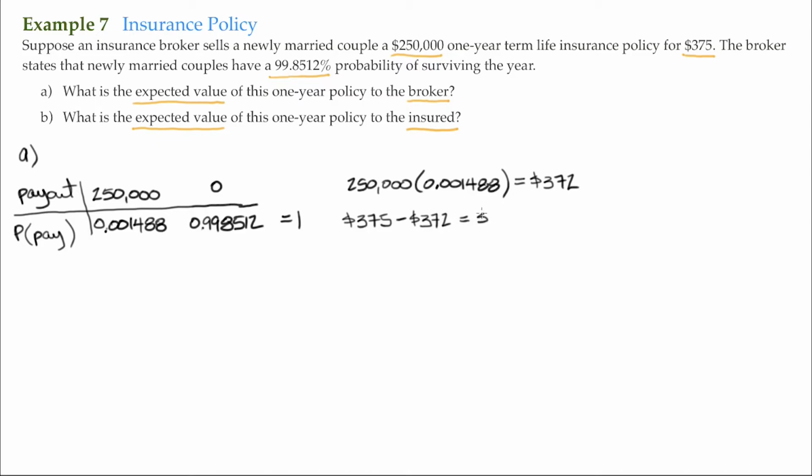And that comes out to be $3. So what does that mean? So that means in the long run, what is the expected value of this one-year policy to the broker? He can expect to make $3 on every policy he sells.